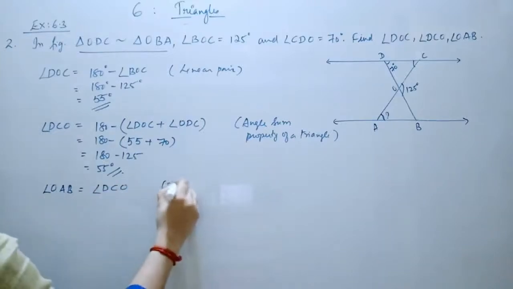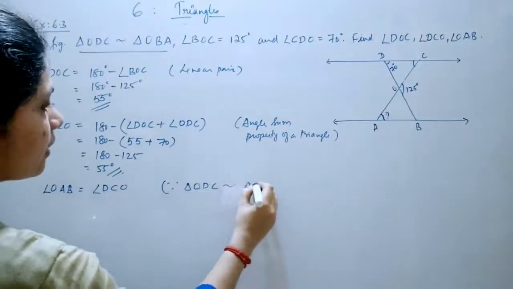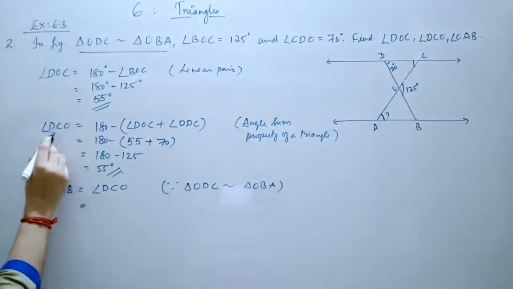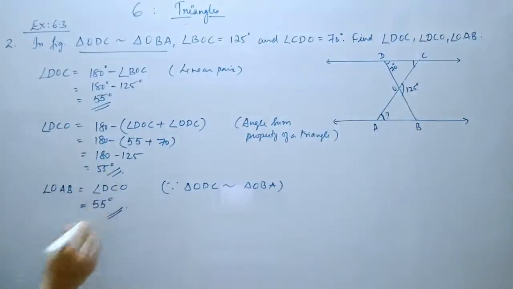The reason is, since triangle ODC is similar to triangle OBA, and this angle DCO is already 55, you will get angle OAB also to be 55 degrees. So all the three angles are 55 degrees each.